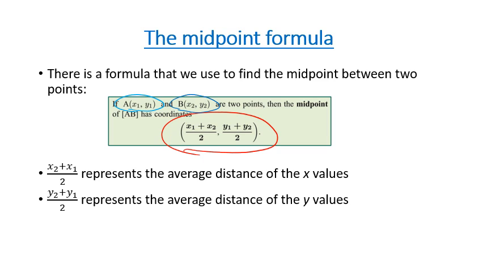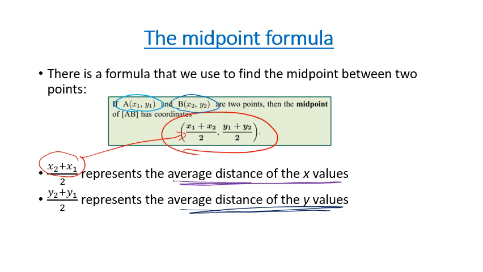All right. So like I said, remember that x2 plus x1 all over 2, or x1 plus x2 all over 2 is the average of the x values, and y1 plus y2 over 2 is still the average of the y values. Now, some of you might be thinking, well, hang on, here it's got x2 plus x1, but here it's x1 plus x2.